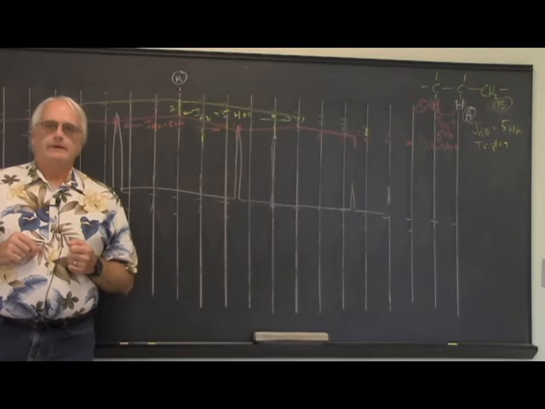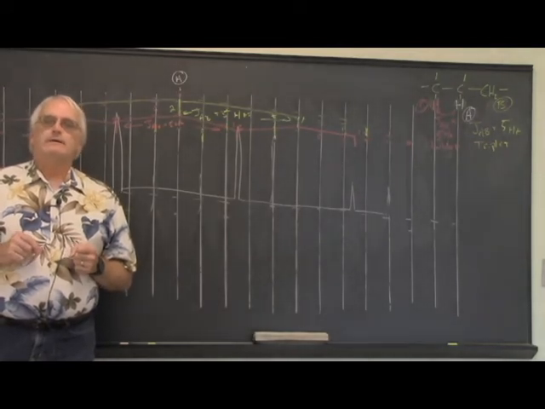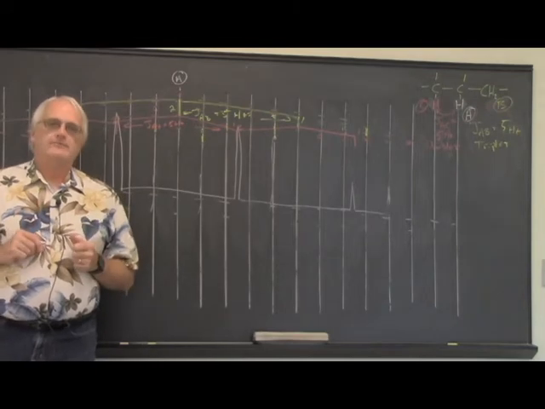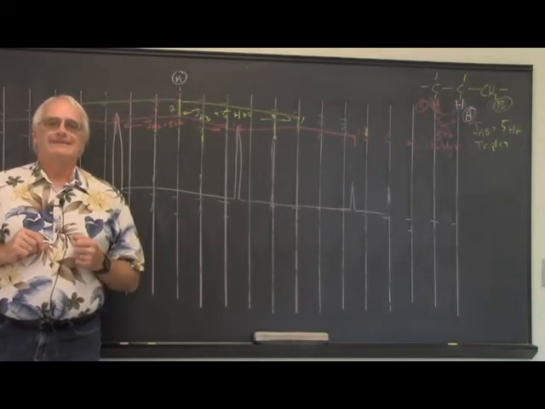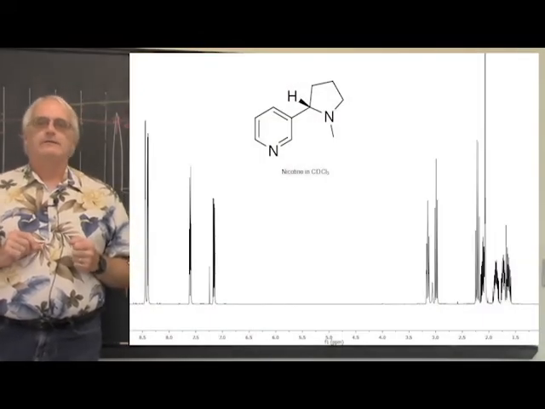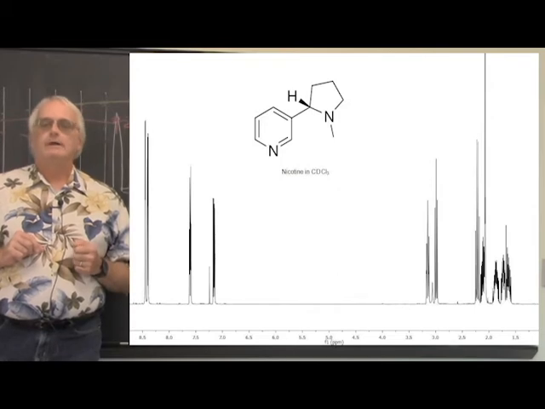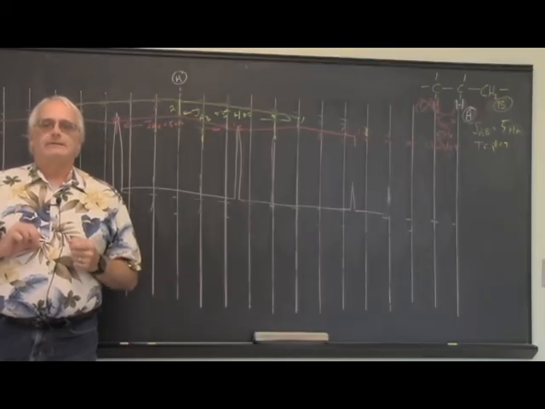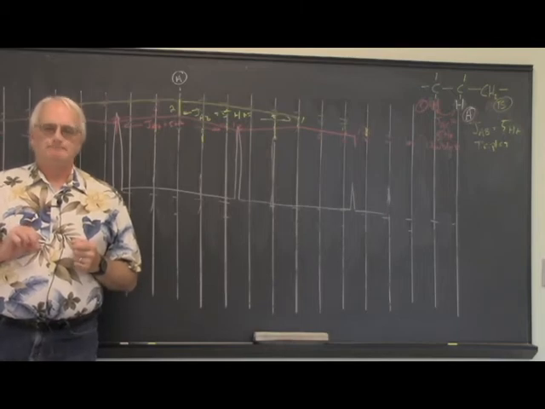And finally, let's take a look at some real spectra, some proton spectra, some actual molecules obtained here at Southern. The first up that I want to take a look at is the doublet of triplets. One of my favorite examples of this pattern comes out of the proton NMR spectrum of nicotine, of all things. It's in the aromatic region of nicotine. And it is just a lovely doublet of triplets pattern.